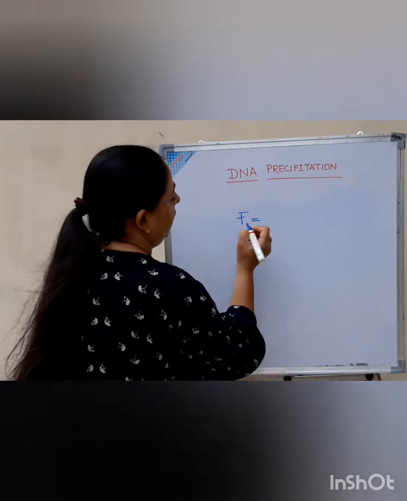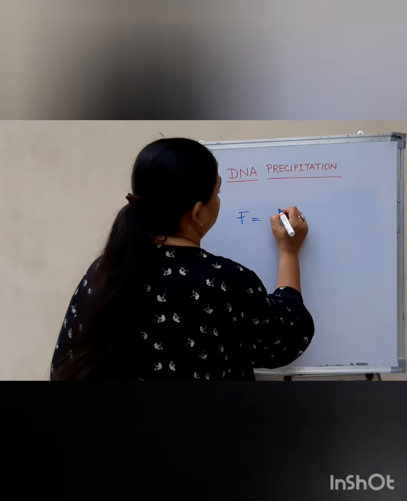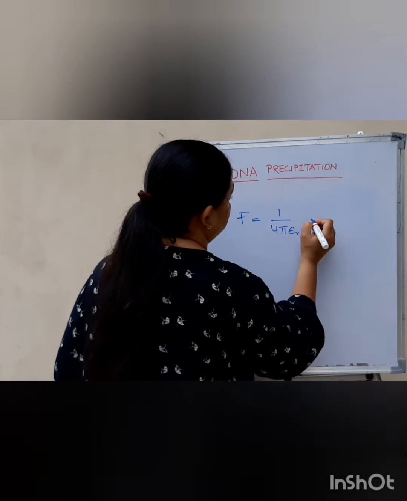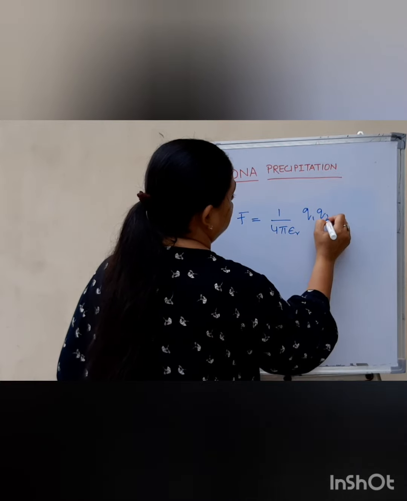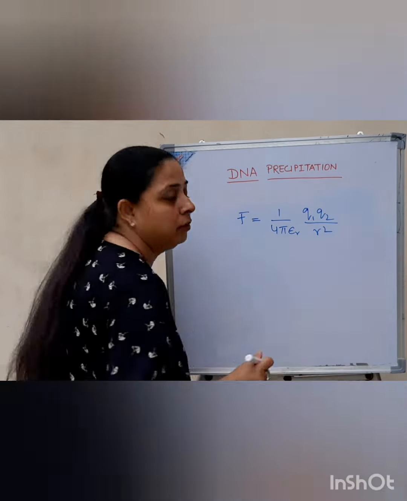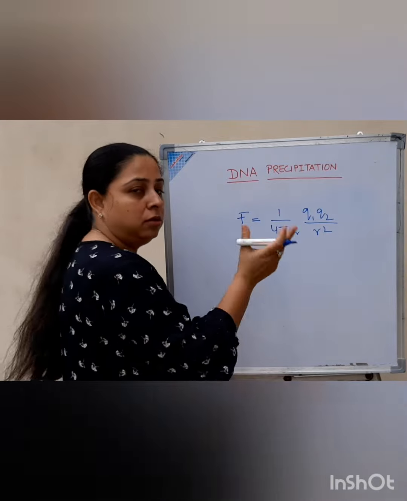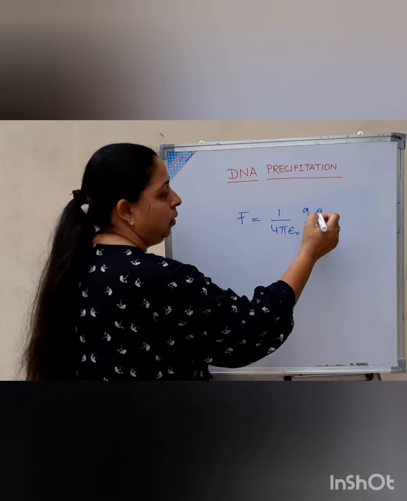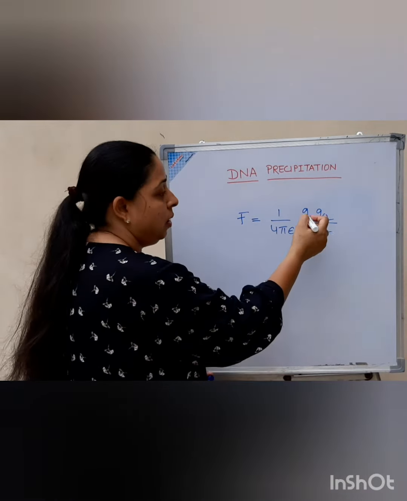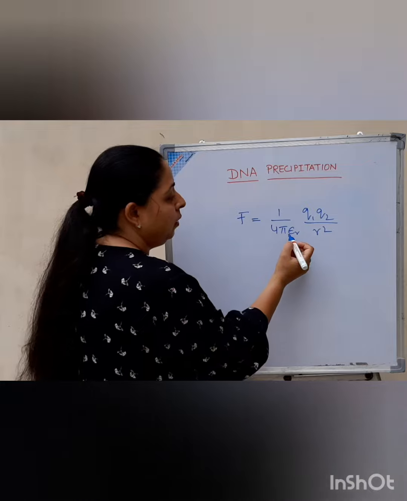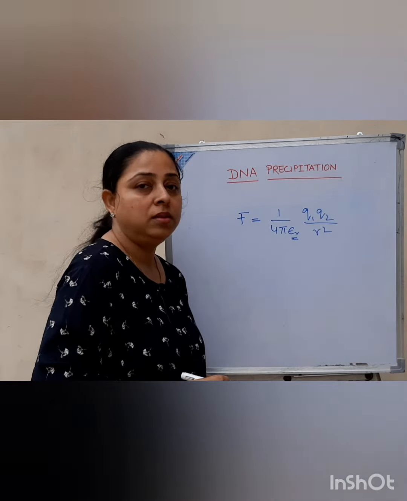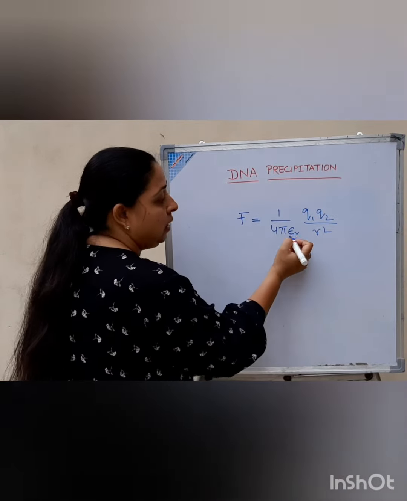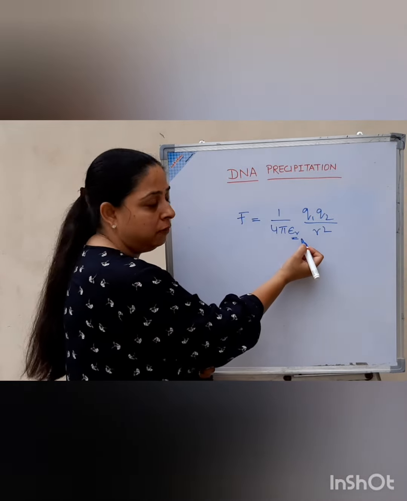Coulomb's law says F is equal to 1 divided by 4 pi epsilon r into q1 q2 divided by r squared. So Coulomb's law says that in a solution the force between two oppositely charged ions, Q1 and Q2, depends upon the dielectric constant of the solvent. Epsilon r is the dielectric constant of the solvent.